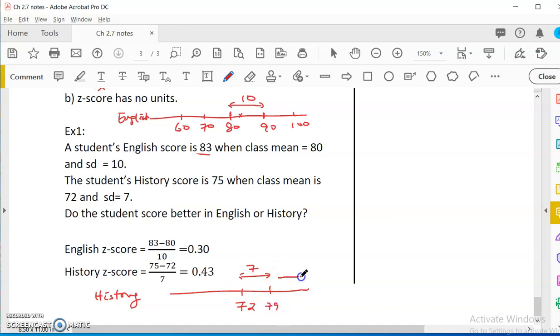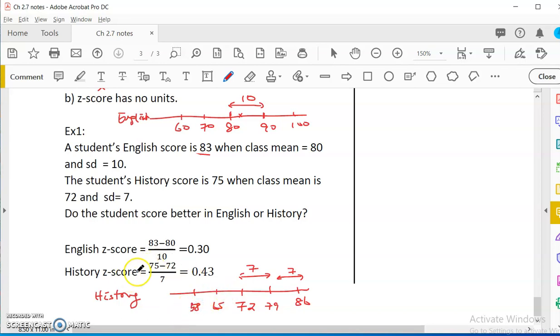Do you agree? Another standard deviation is 7. 79 plus 7 is 86 only. And if I want to do the negative, 72 minus 7 is 65. And minus 7 again is what? 65 minus 7 is 58.